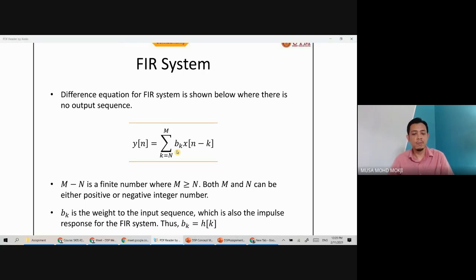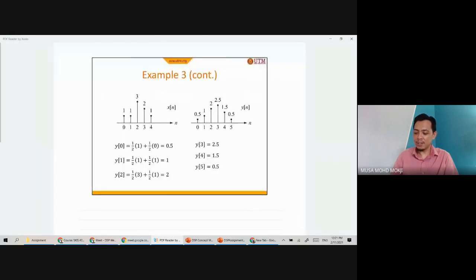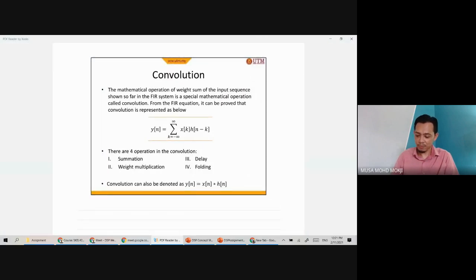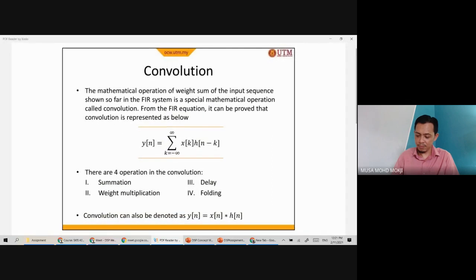The process of delay, multiply with weights, and then sum everything is called convolution. Even that process has a name.